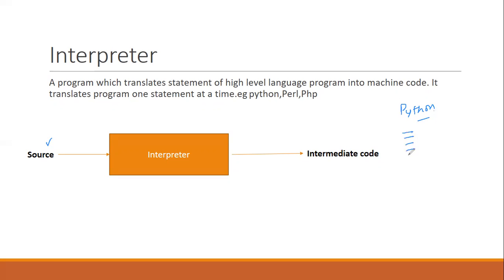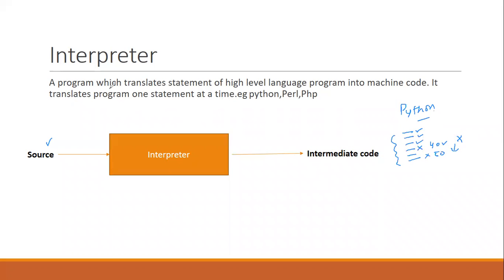Here, if you have 100 lines of code, and out of these you have an error on line number 40 or line number 50, your program will get executed line by line. When it reaches line number 40, it will stop the program. It will not execute further, and your program will end here.